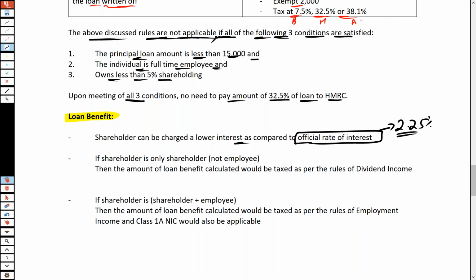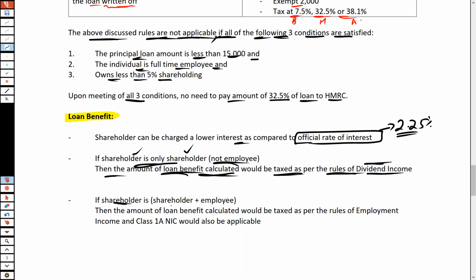Next point, if the shareholder is only a shareholder, not an employee, then the amount of loan benefit calculated would be taxed under the dividend income rules. Why? Because the shareholder is only a shareholder and he is getting a benefit from the company, and any benefit received by a shareholder would be considered as dividend income for that shareholder, and the dividend income rules are applied on the amount calculated.